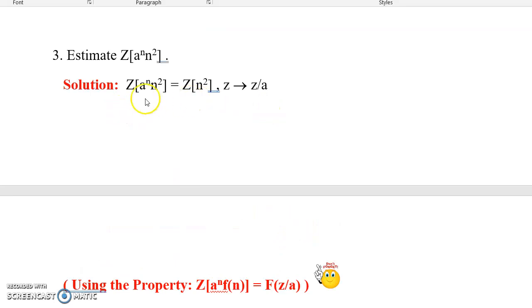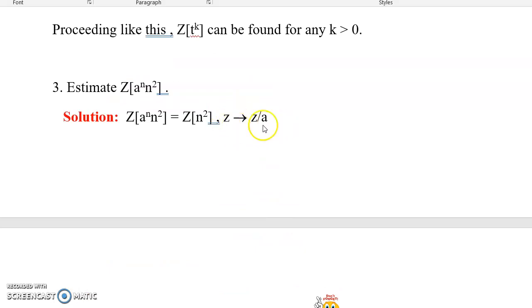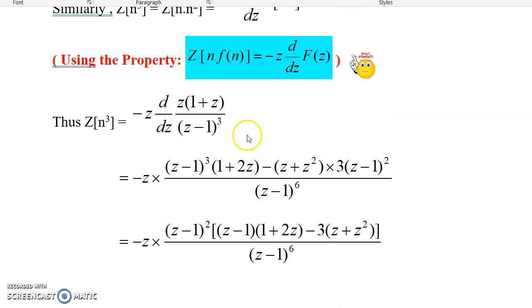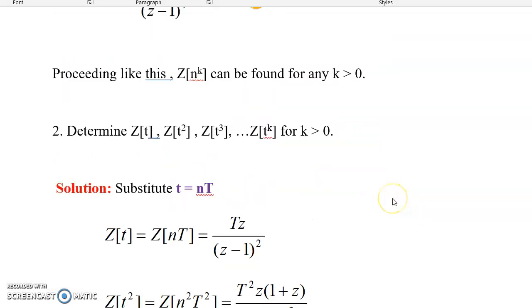So that's what we are using here. In z transform of a power n into n squared, we can remove a power n, so it will be z of n squared. But whenever we remove a power n, this adjustment should be done, that is z should be changed to z by a. Now this z of n squared, we have already calculated here. This is the answer of z of n squared. Let us substitute here.